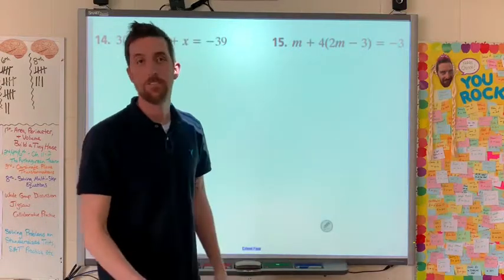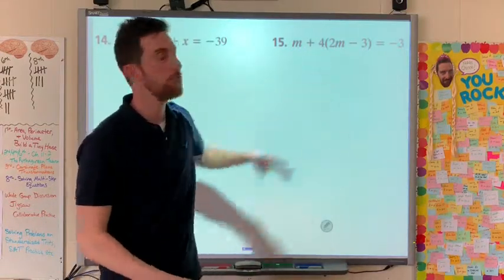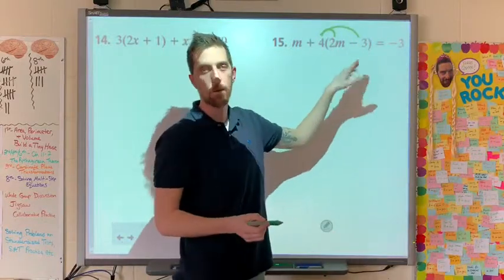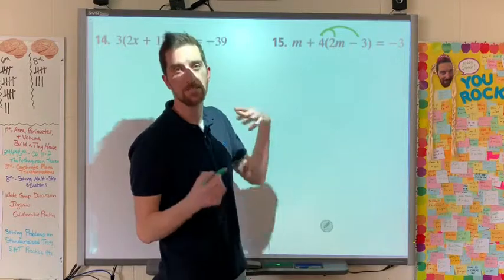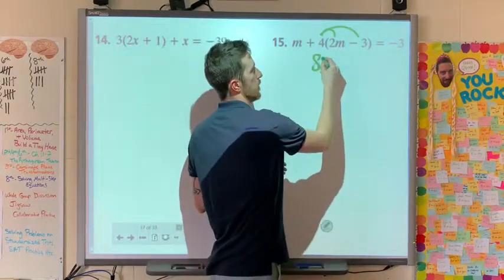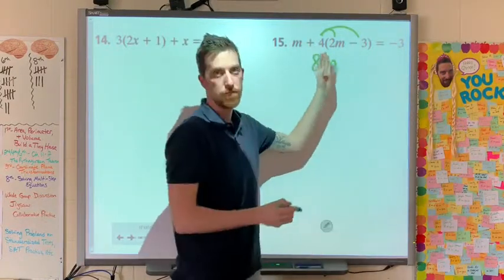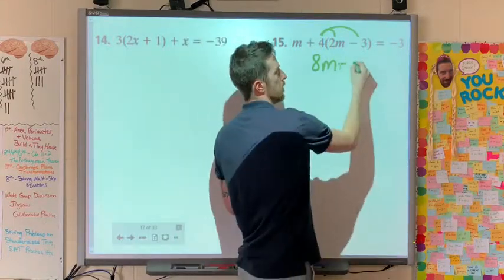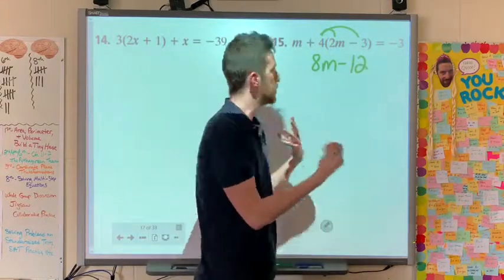There is something to distribute here. We've got to distribute the 4. So we have +4 times 2m gives us 8m. +4 times -3 gives us -12. We got to bring down the other stuff.